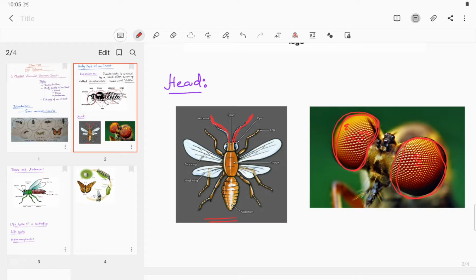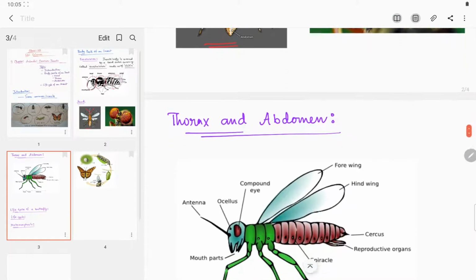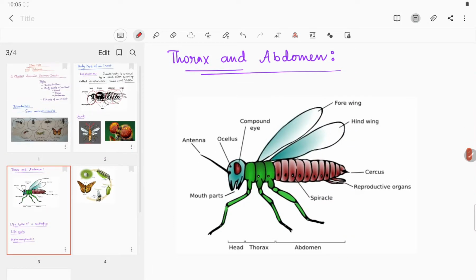Another part is mouth parts. You can check in this picture. This is the mouth parts, and the mouth parts of an insect can be different types depending on the type of food they eat. Many insects like grasshoppers and beetles have biting and chewing type of mouth parts.